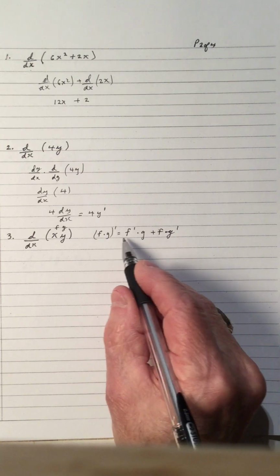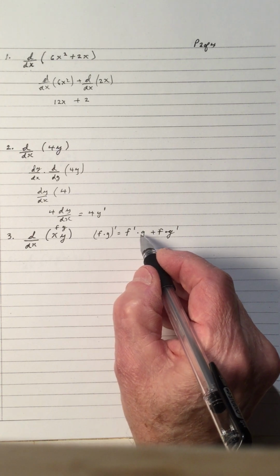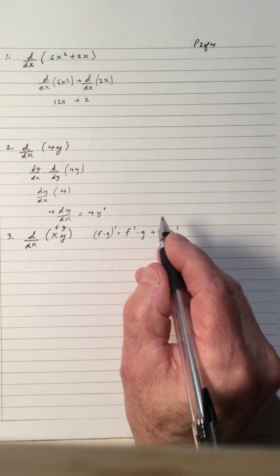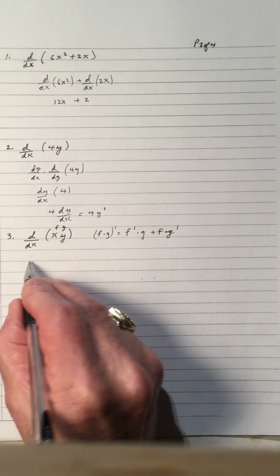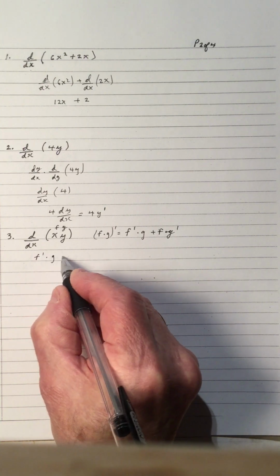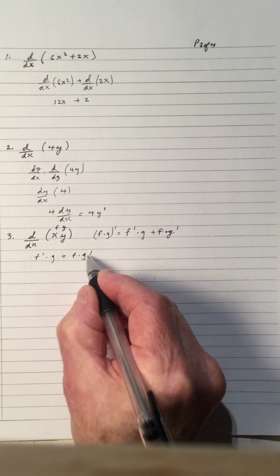As I said, a lot of books don't do this. I do it with the derivative of f times g, because this is the same pattern you use when you do the quotient rule. And so now we have, this is f, so the derivative is f prime times g, add on f times g prime.